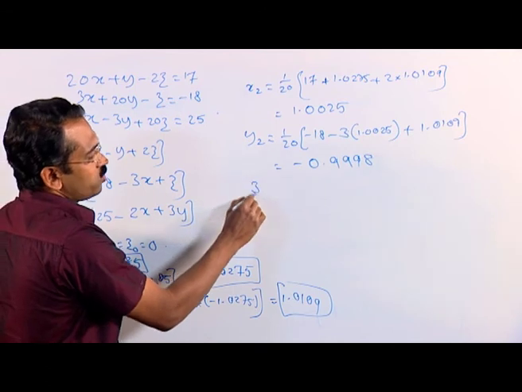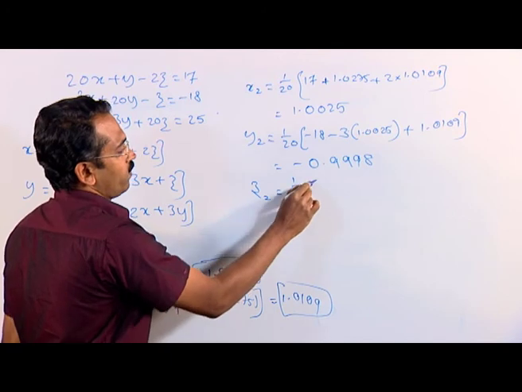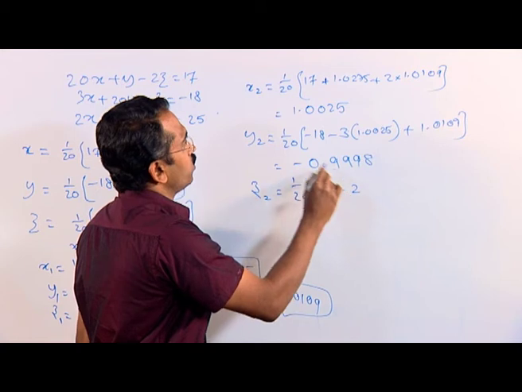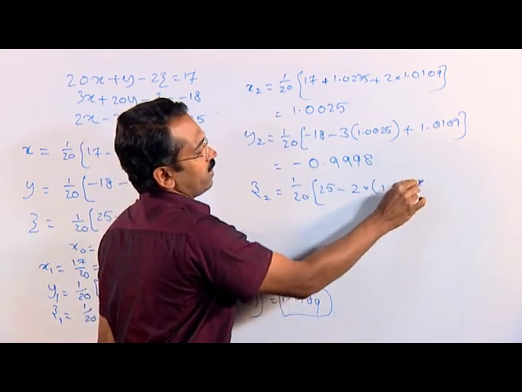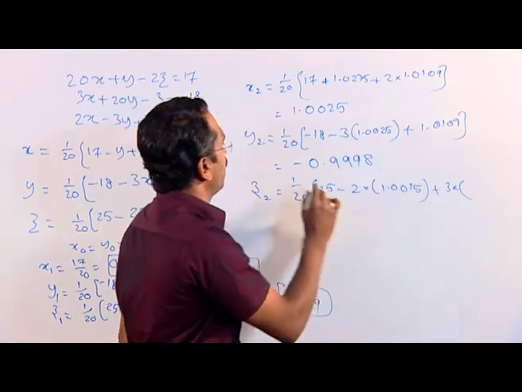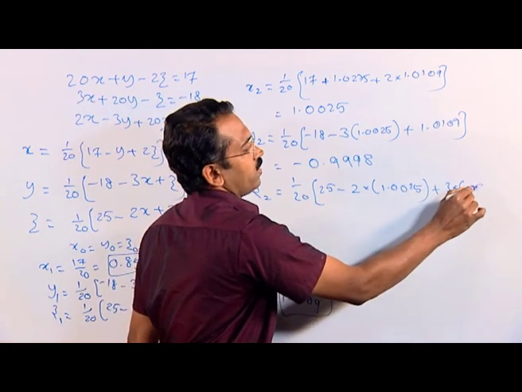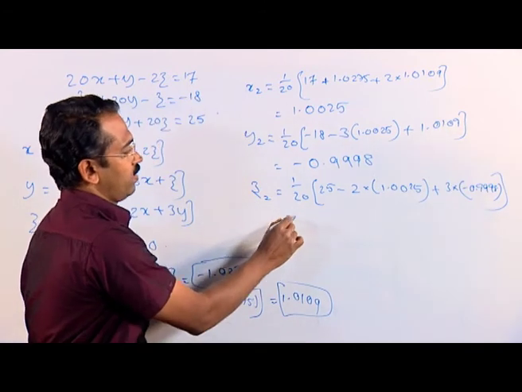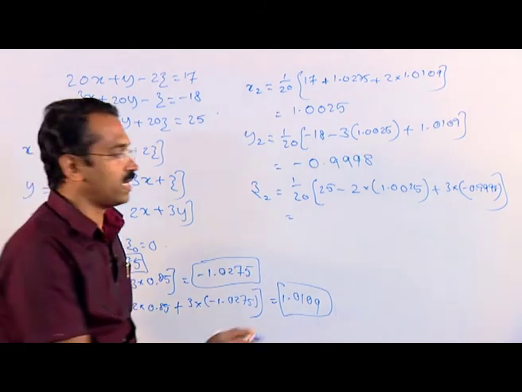Then z2 is equal to 1 by 20 into 25 minus 2 into x2, that is 2 into 1.0025, plus 3 into y, the latest value of y is minus 0.9998, which is equal to 0.9998.